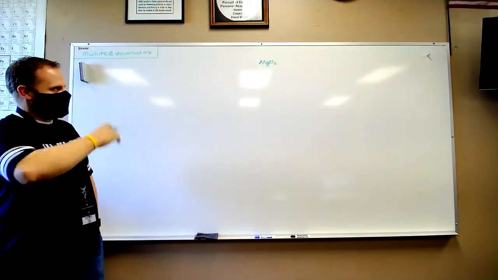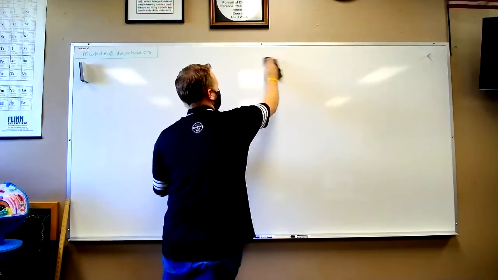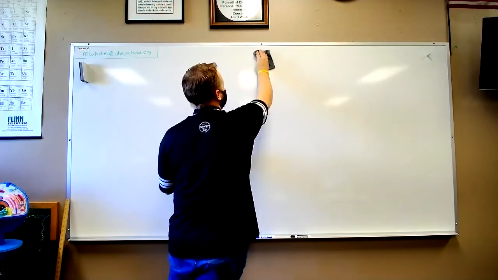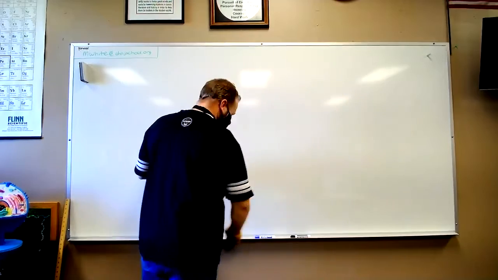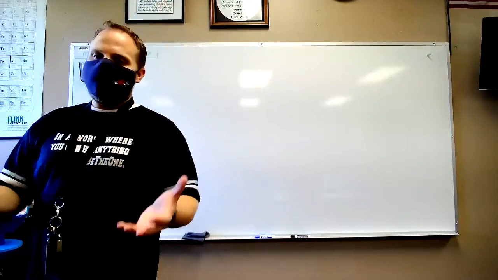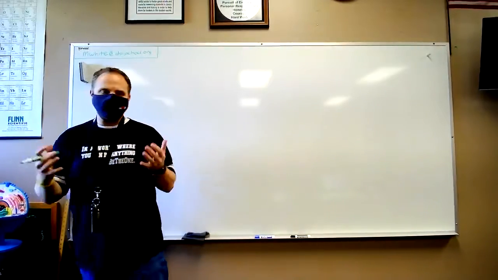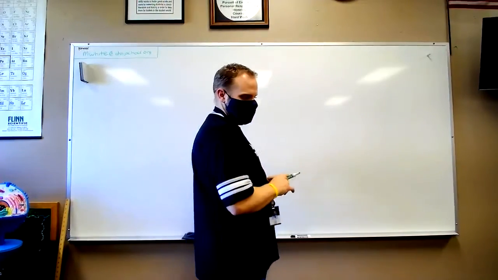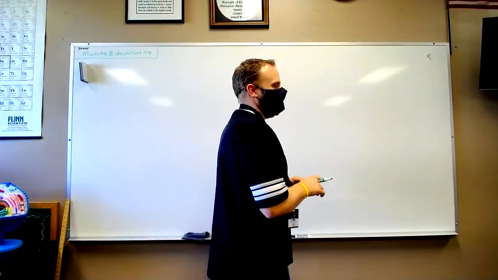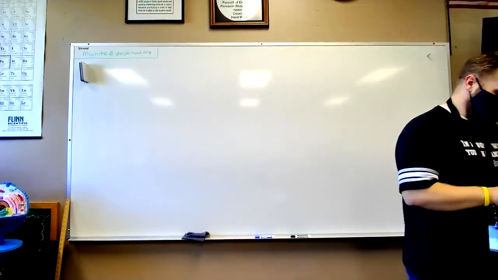It didn't matter that there were 2 chlorines. But when we have a covalent bond, it does matter in the name. And honestly, the biggest reason for that is because in ionic, you can figure out what the ratios are, because they have to be evenly charged with positive and negative. We don't have that same rule with covalent, so we need to say how many of each there are.